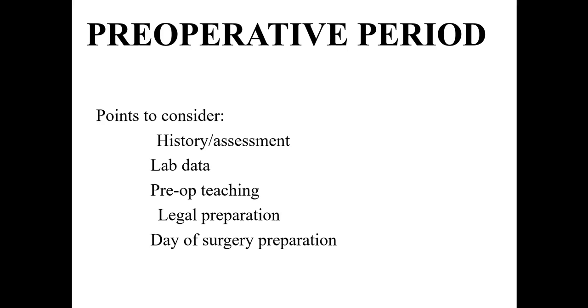So now we're going to move into the preoperative period. Okay. So during the preoperative phase, the patient is prepared for surgery. The patient may arrive and be admitted to the hospital or ambulatory care unit before the surgery is scheduled.